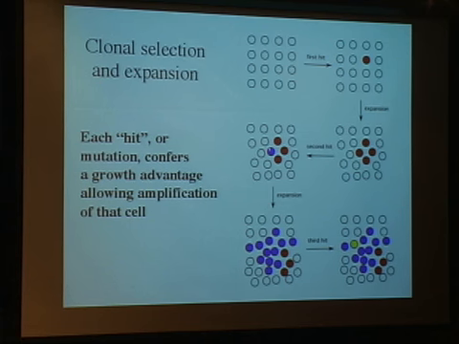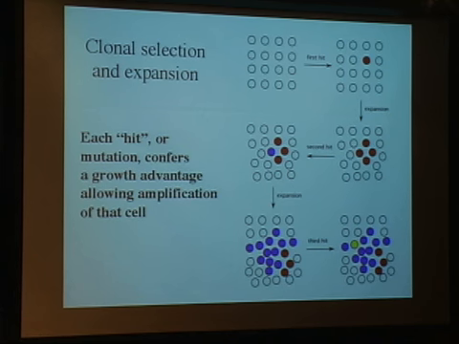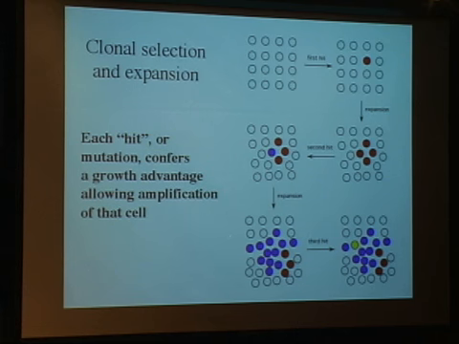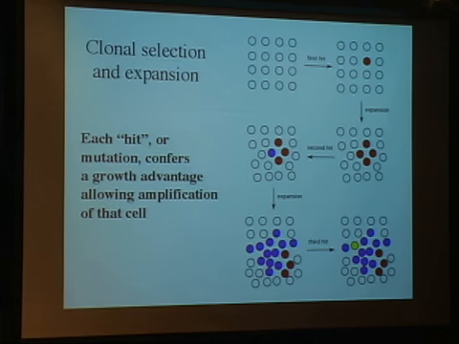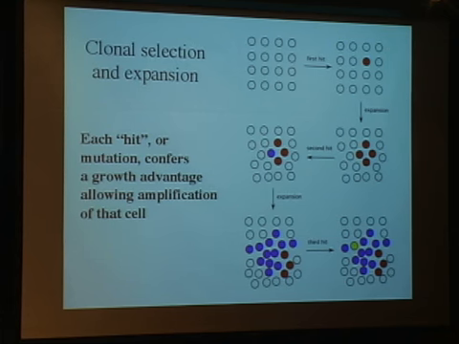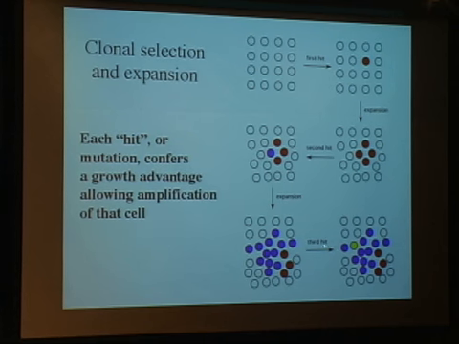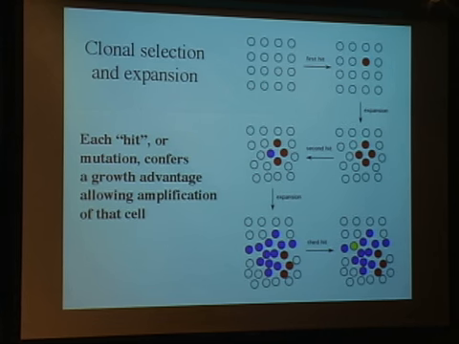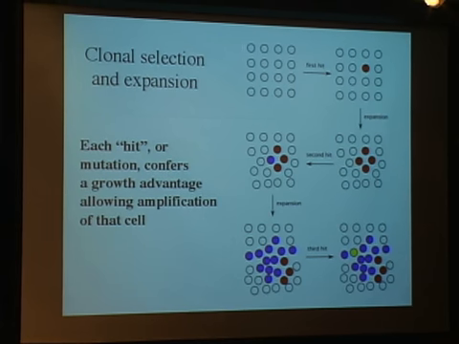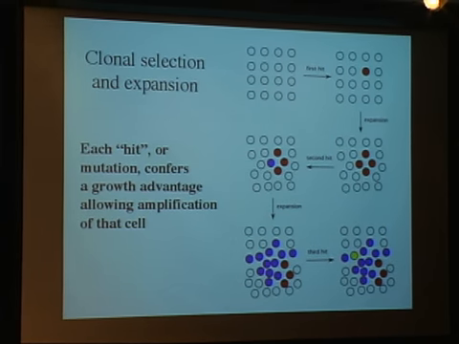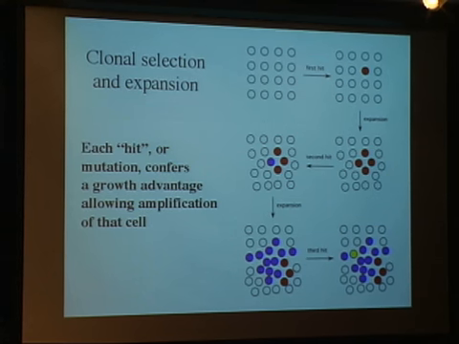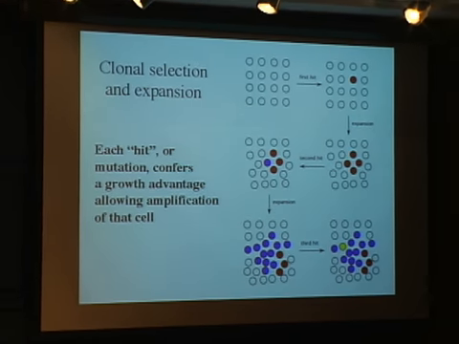That increases the chance that a cell of this genotype will pick up a second hit, again conferring an even more rigorous growth advantage now, expanding this pool of pre-cancer cells, if you will, precursor cells, and again increasing the chance that a cell of that genotype is going to then pick up the third hit. And so on we go until eventually the critical combination of mutations has been acquired within a single cell or a single genome that allows that cell to then divide in a very uncontrolled manner and form a tumor.